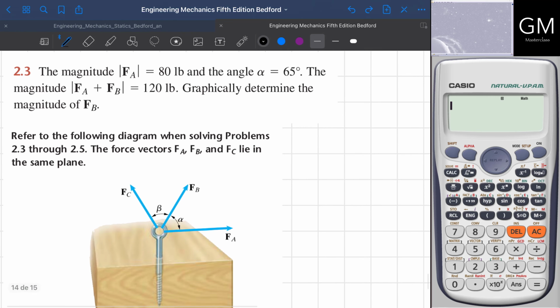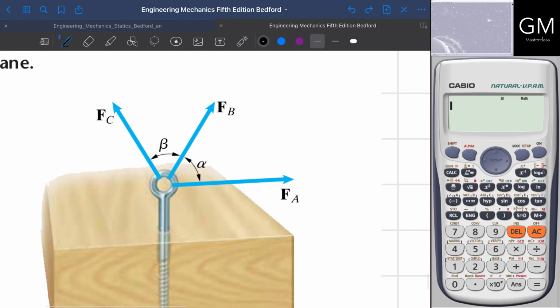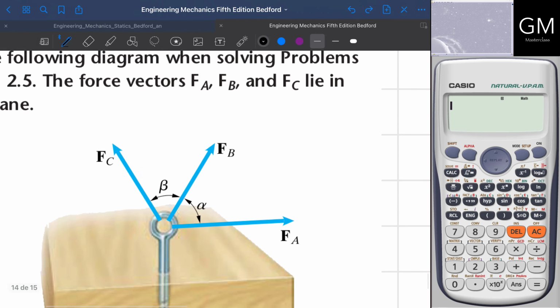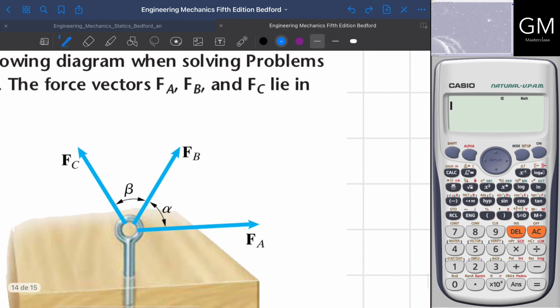So the first thing I have to take into account here is a way to see this addition. Okay, so I'm going to add these two vectors graphically. What I'm going to do here is to project the FB vector right here, and right here I'm going to project the FA vector.